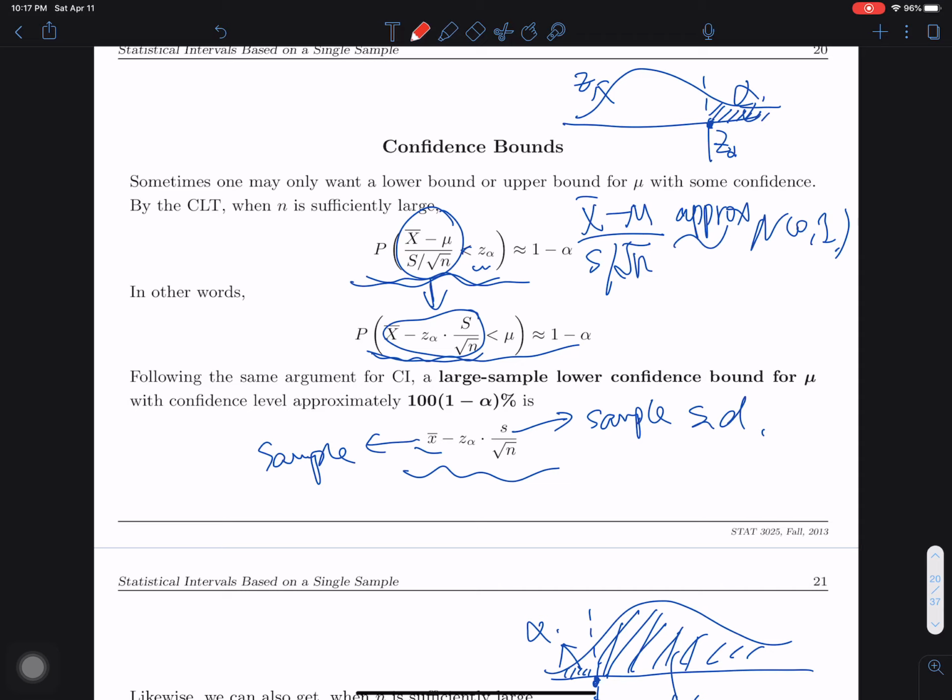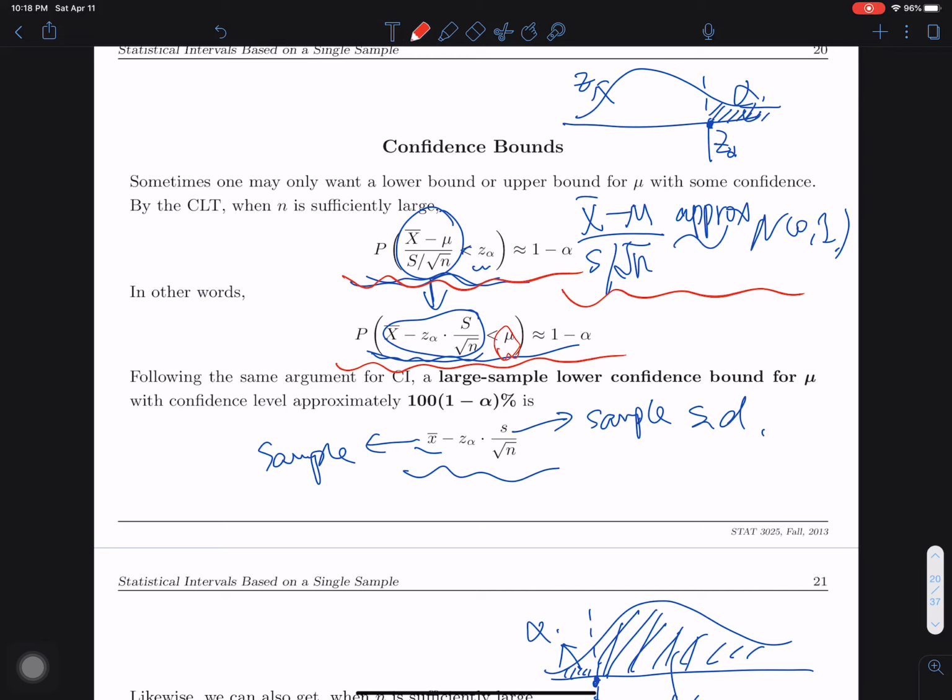And by the central limit theorem, when n is sufficiently large, this quantity x bar minus mu divided by s divided by square root of n approximately follows a normal 0, 1. Because of this, we have this probability relation, and by rearranging the inequality, we can find a lower bound for mu.